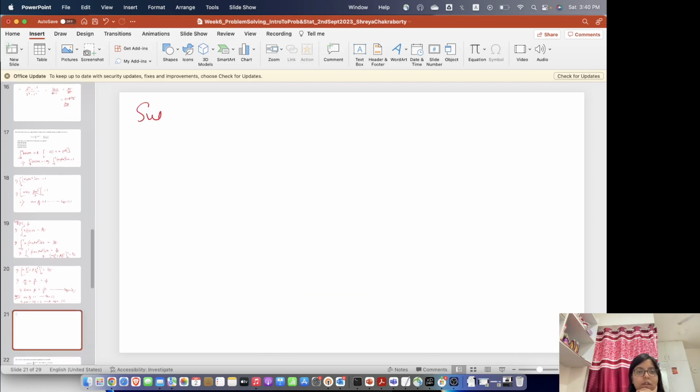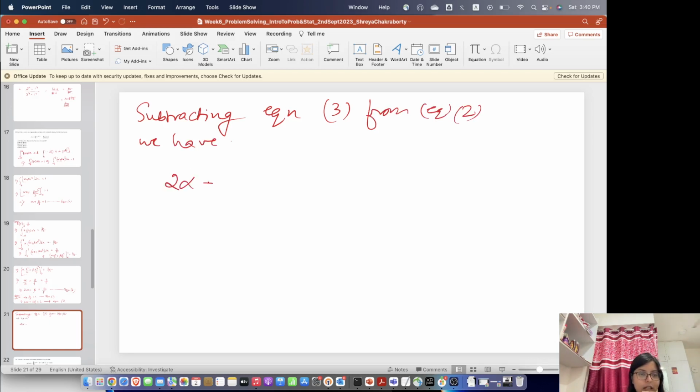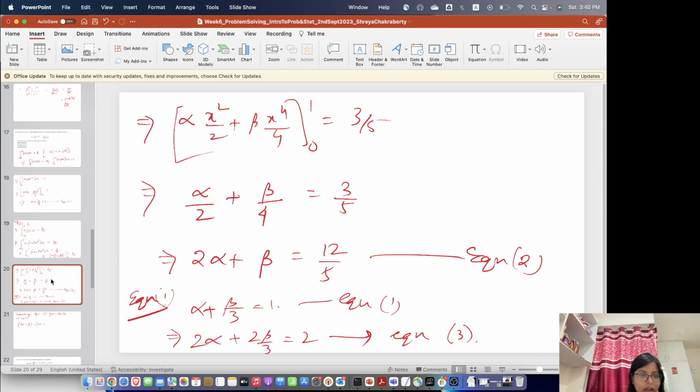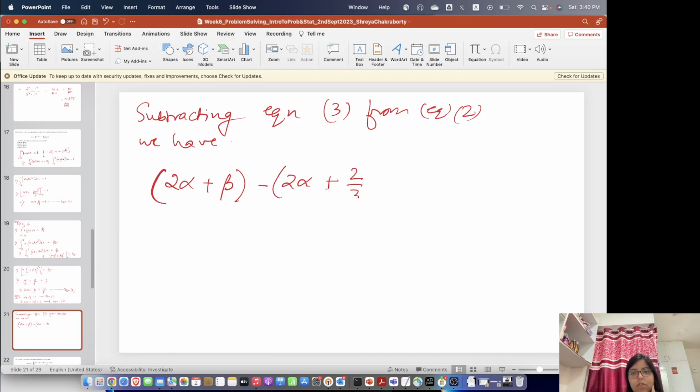So now subtracting equation 3 from equation 2, we have 2 alpha plus beta minus 2 alpha plus 2 by 3 beta equals 12 by 5 minus 2.